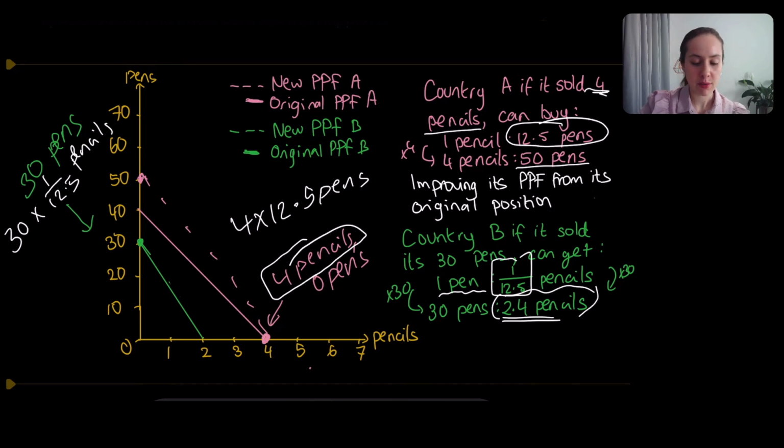And so country B is going to be able to access around here in terms of pencils, which is what I had sketched kind of in the beginning. And that's their new PPF. So it's really interesting. This specialization and comparative advantage has made both countries better off because both of them have had this shift in the PPF.